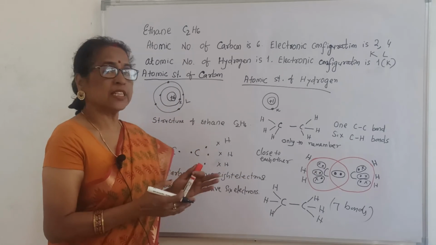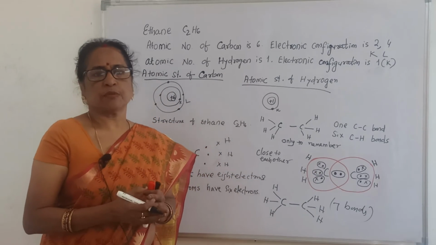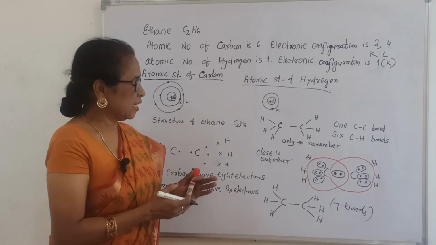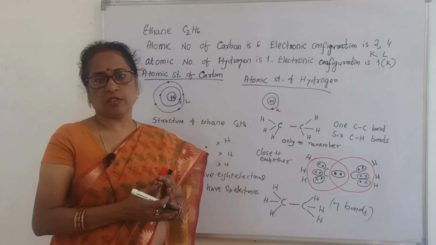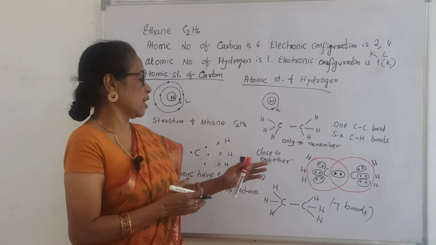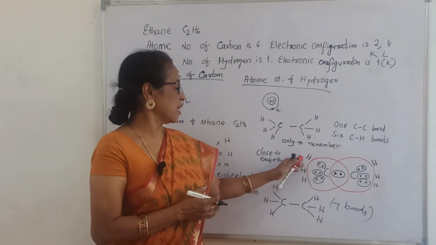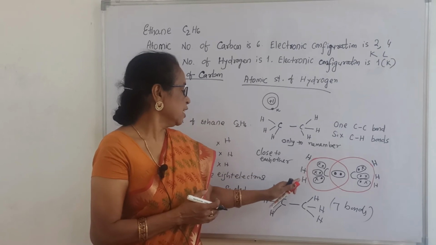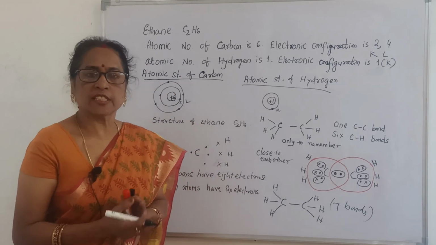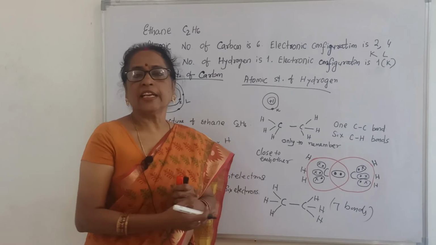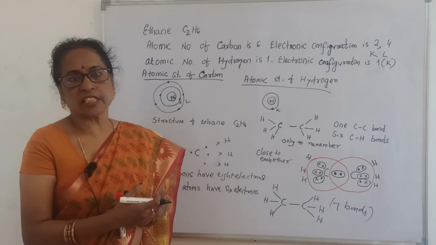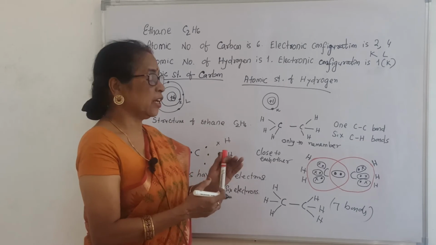Now helium is an inert gas configuration, but it is a special one. It attains the inert gas configuration with 2 electrons. That is why this hydrogen satisfies the inert gas configuration of helium. Similarly, the 6 hydrogens satisfy the nearest inert gas configuration of helium.